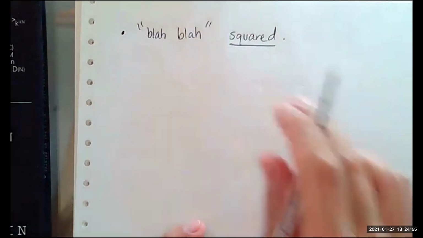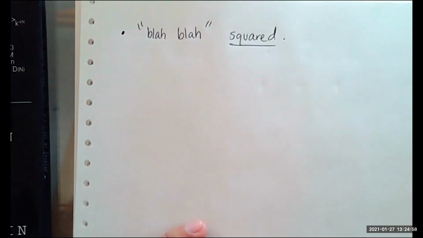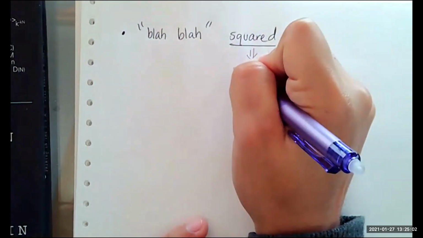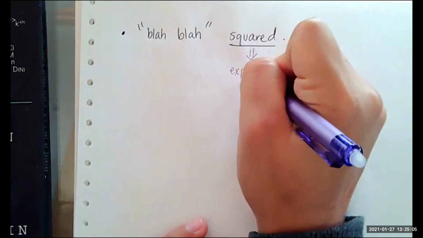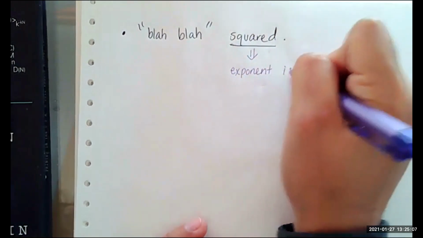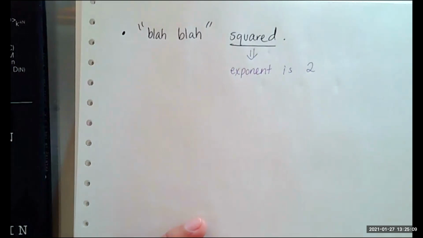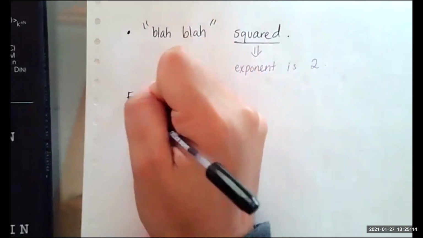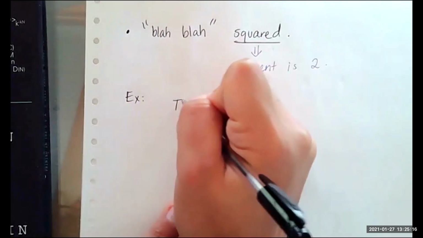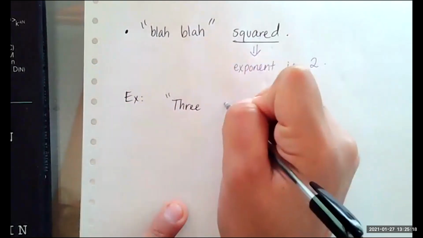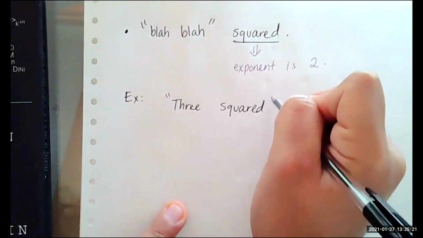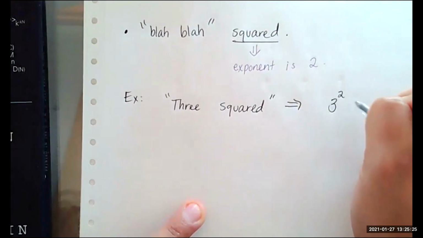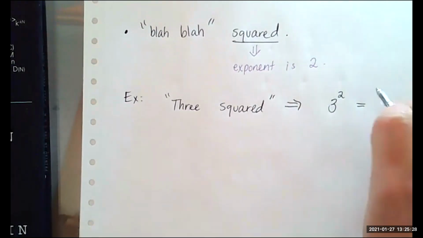Whenever we say the word squared, at least mathematicians like myself, what we mean is that the exponent is the number 2. As an example, if I talk about 3 squared, I'm saying 3 to the second power, which simplifies to 9.